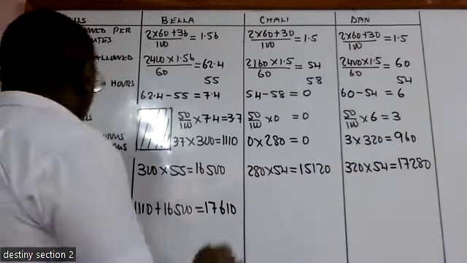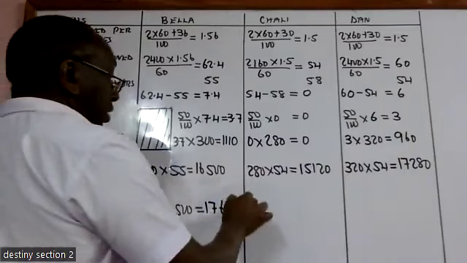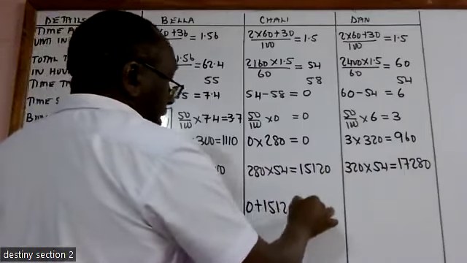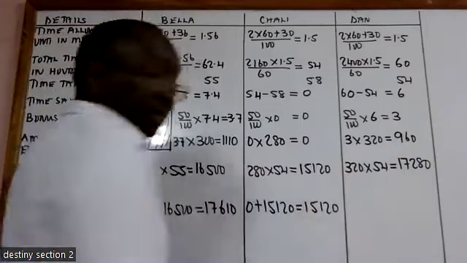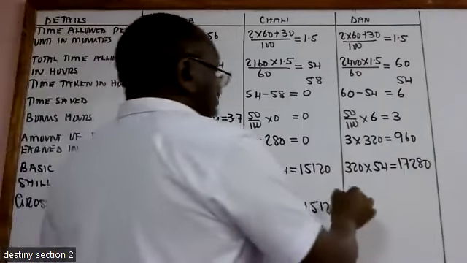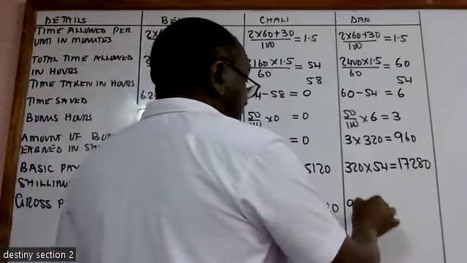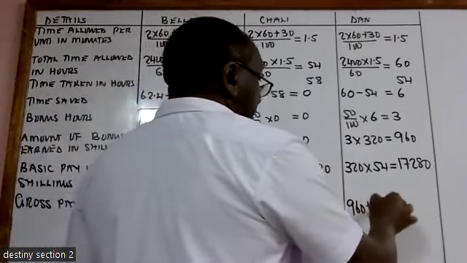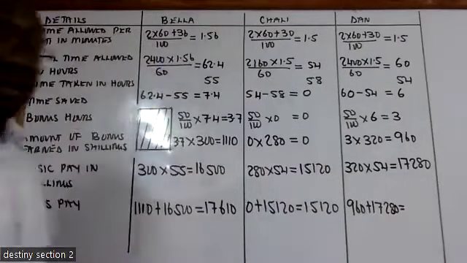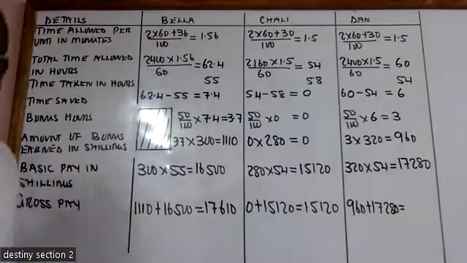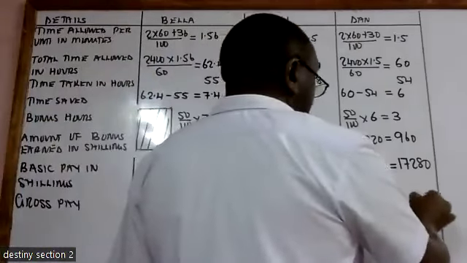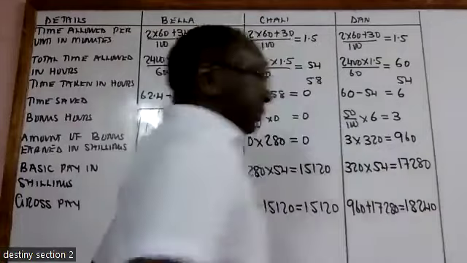Huyu bonus yake ni 0 plus the basic. So yana baki na 15,120. Alafu hapa huyu ako na 960 plus 17,280. 960 plus 17,280 is 18,240.